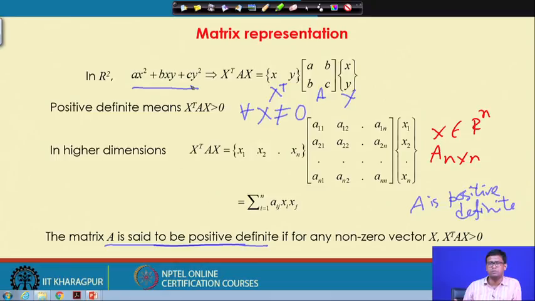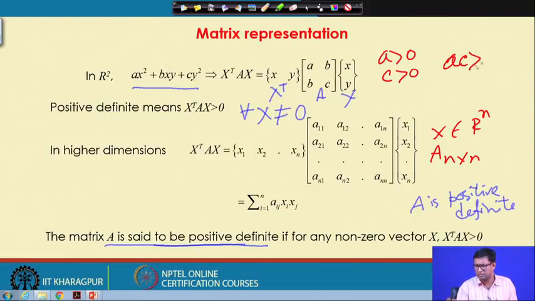It will have a non-zero value for any other values of x, y except 0, 0, and these conditions are a greater than 0, c greater than 0, and ac greater than b square. So the matrix A should possess certain properties based on which it is decided that x transpose Ax is greater than 0 for any x except x equal to 0.